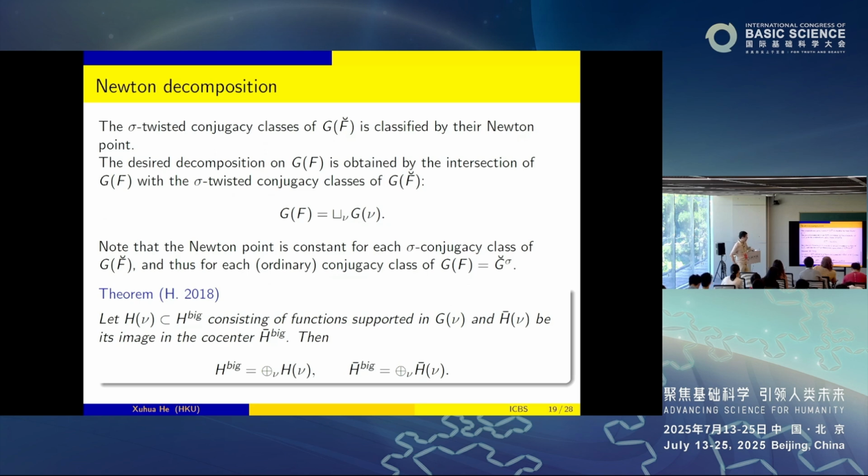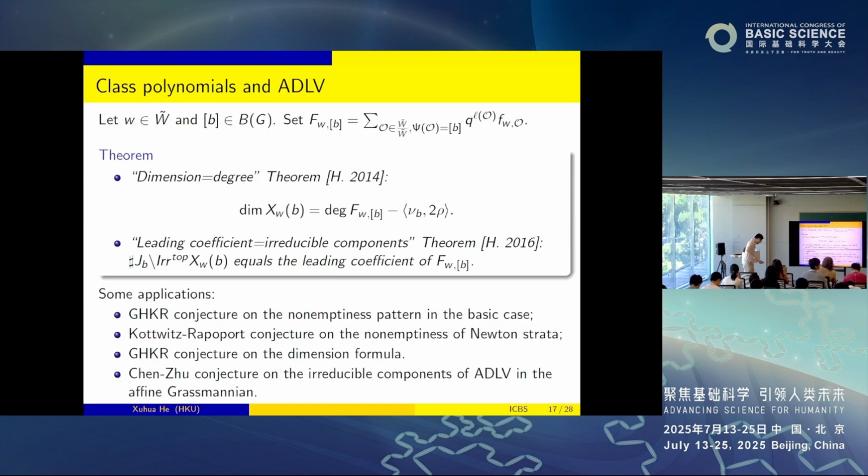And then we know that each of these is stable under the conjugation of the p-adic group. This is also a discrete decomposition. Each Newton stratum is locally closed. Here, ν means the Newton point.